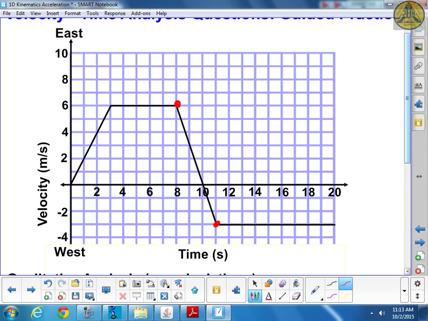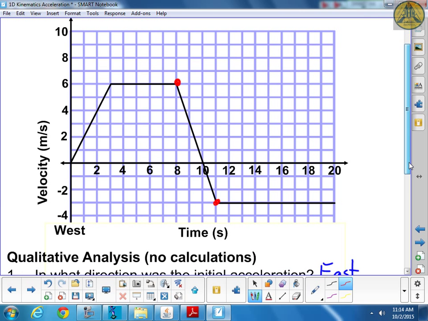Velocity is a little bit different. The direction of the velocity is the direction of the object. You have to break it up into parts. Between 8 and 10 seconds, this object was traveling east. At the 10-second mark, it's changing its direction. It's turning around. That's not really part of the question, but just for reference. Then between 10 and 11 seconds, it is traveling west because the velocity is negative.